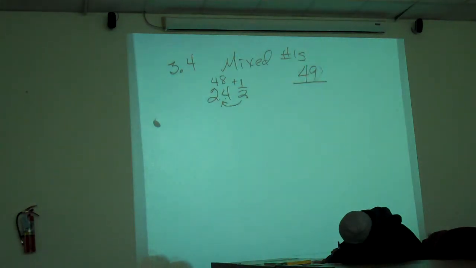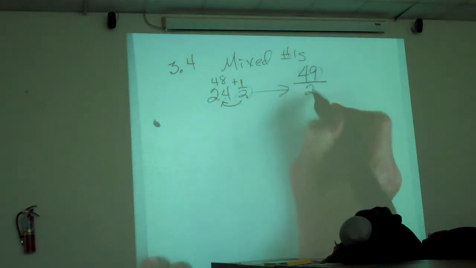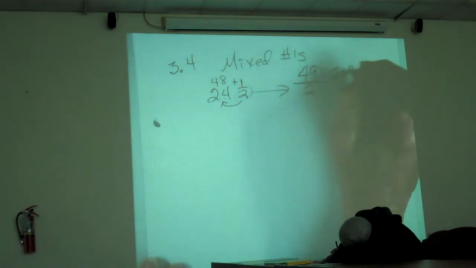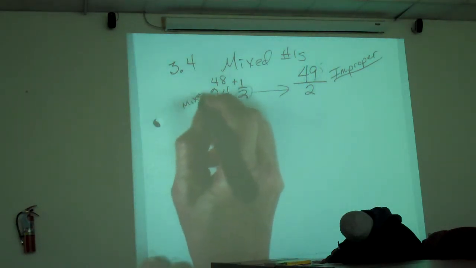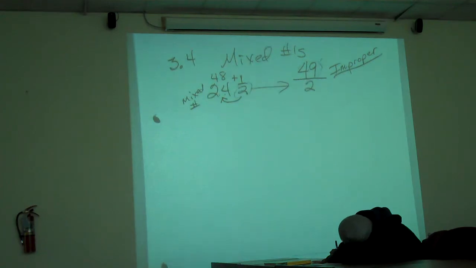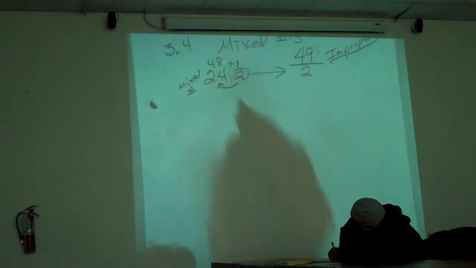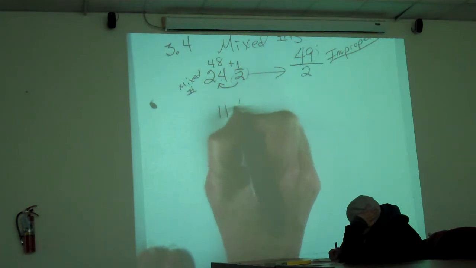What's the denominator? 2. It stays the same. This is improper. That's an improper fraction. This is a mixed number. Okay? We'll do one more mixed to improper, and then we'll do it the other direction. Another mixed number, 11 1/4.